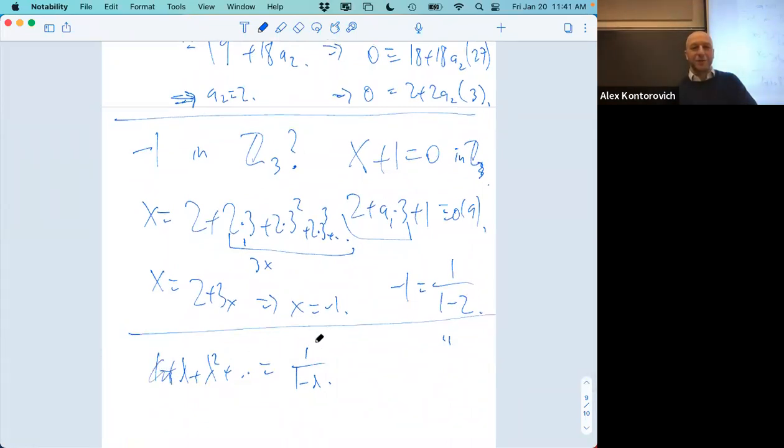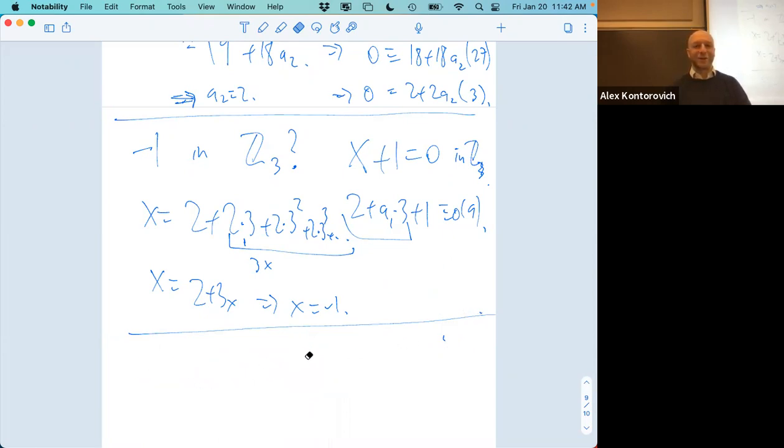So now I set lambda equal to 2. Oh, that doesn't work. Oh, lambda, yeah, of course, lambda is 3. Never mind. You can do it that way.